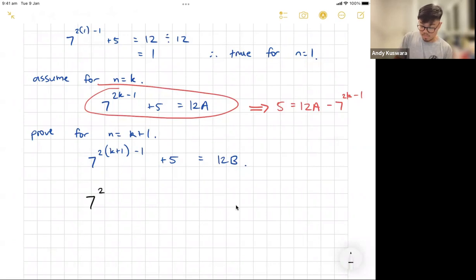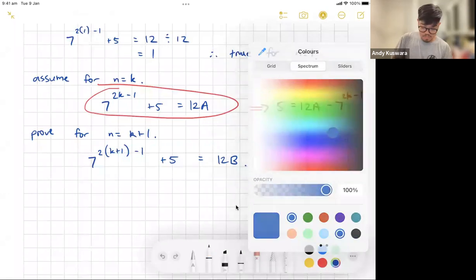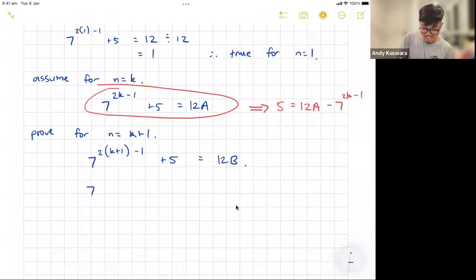So this would be 7 to the 2k, and again with the colors, it's important, 2k plus 2 take away 1, so it's just going to be plus 1. And instead of writing plus 5, I'm going to write plus 12a minus 7 to the 2k minus 1, equals 12b.